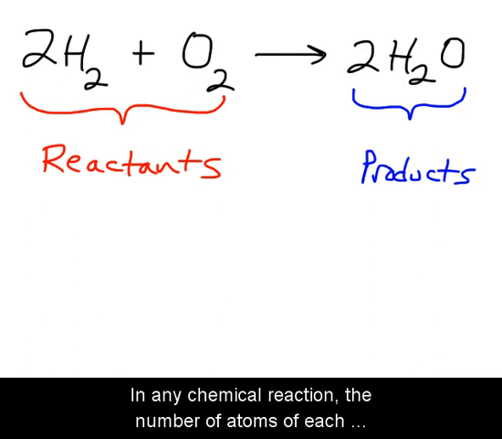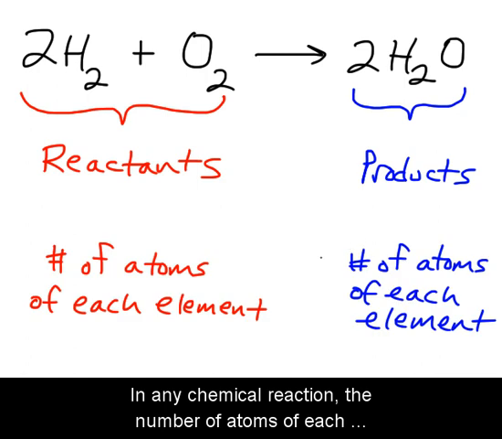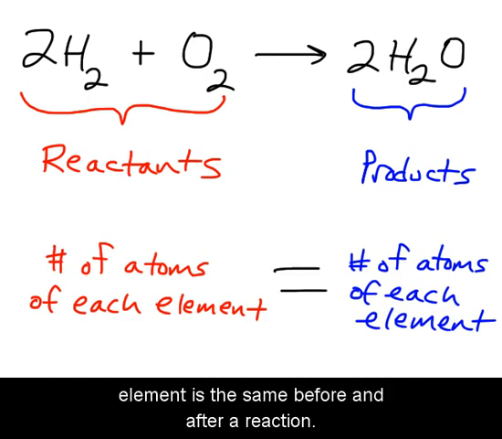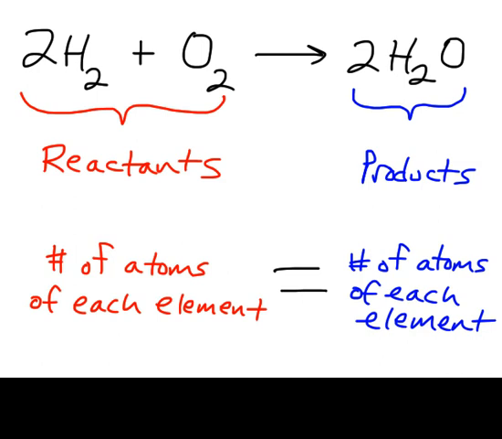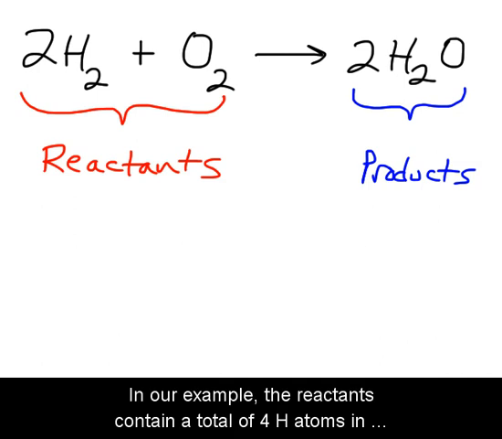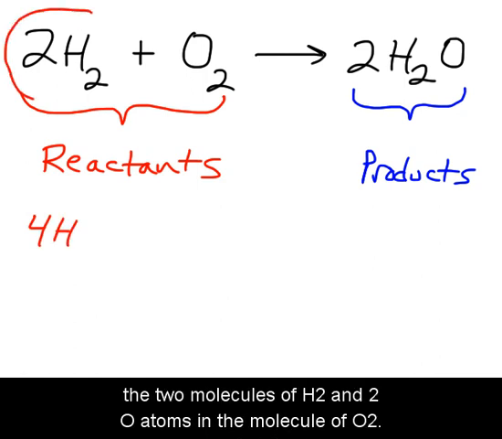In any chemical reaction, the number of atoms of each element is the same before and after a reaction. In our example, the reactants contain a total of 4 hydrogen atoms in the 2 molecules of hydrogen gas and 2 oxygen atoms in the molecule of oxygen gas.